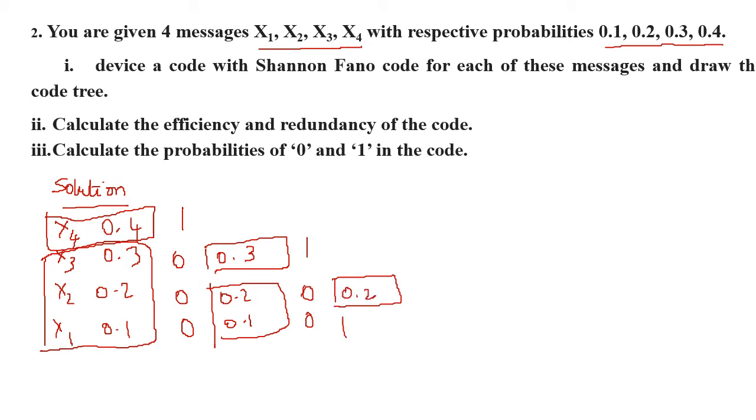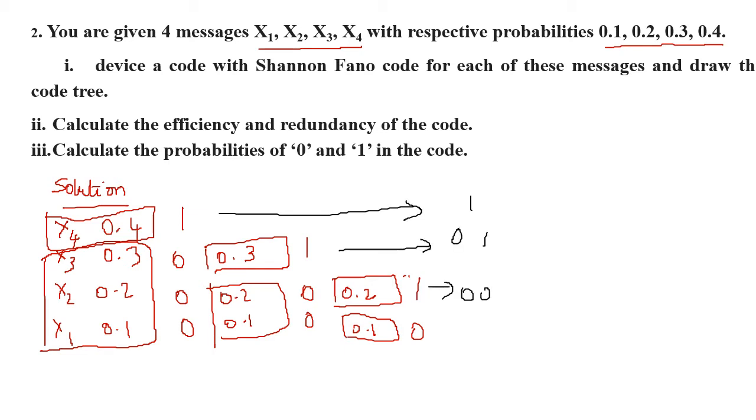So 0.2 is one group and 0.1 is one more subgroup. Assign 1 and 0. Now you can write the code row-wise. The code for the first symbol is 1, the next one is 01, the next is 001 and the last one is 000. So this is the respective code for the given values.